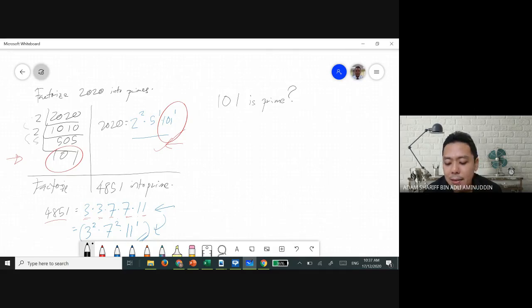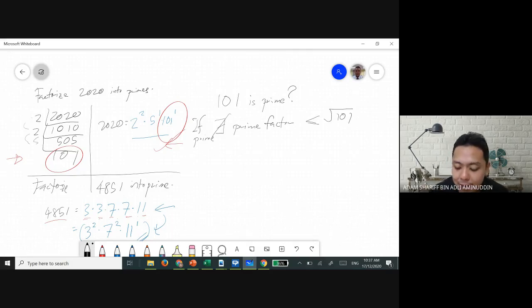So what I need to do is, if it is indeed a prime, there will never be a prime factor up until less than or equal to square root of 101. If 101 is prime, then there does not exist prime factor less than or equal to the square root of 101.